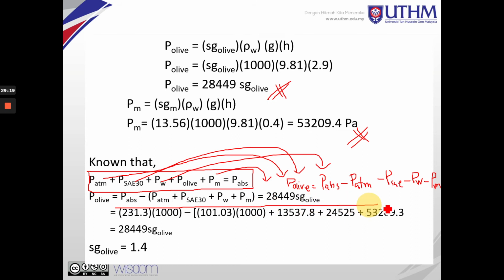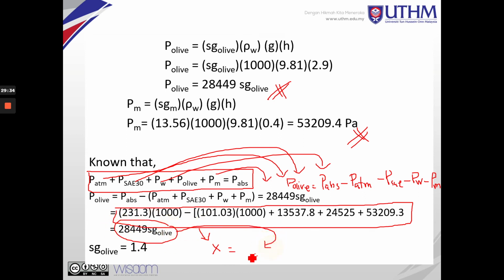Please calculate this. We get the X value equal to the P olive here. P olive you change to here, we get 28449 times SG olive.